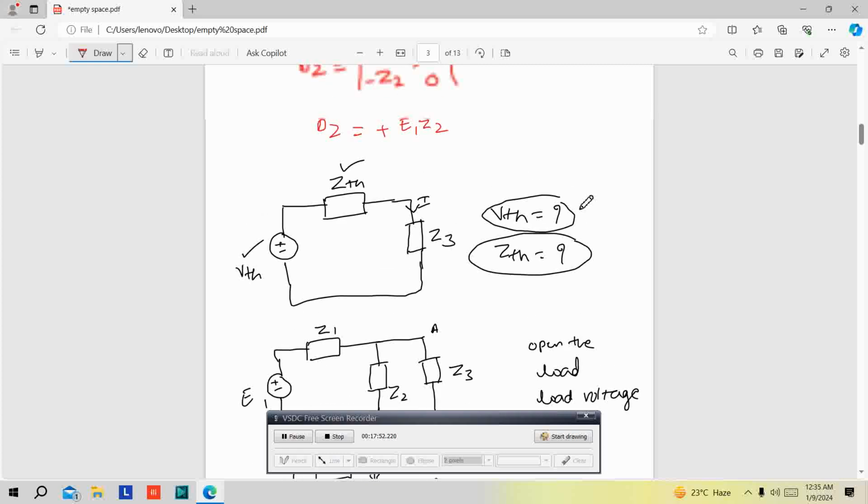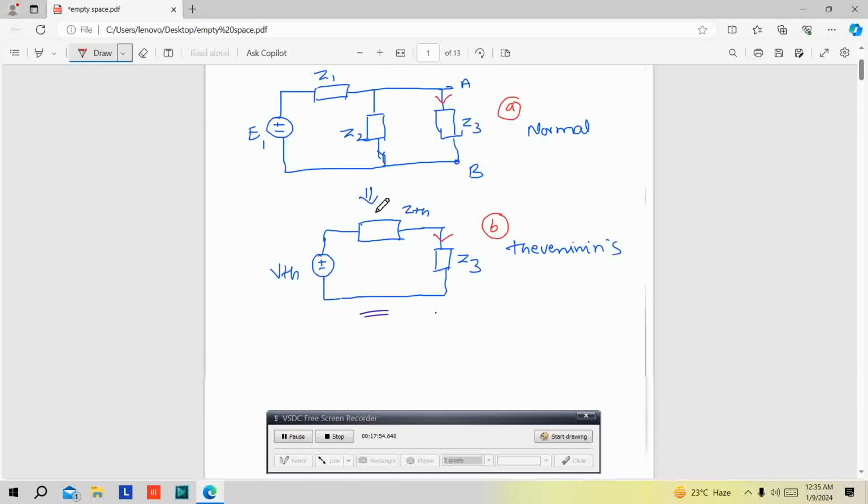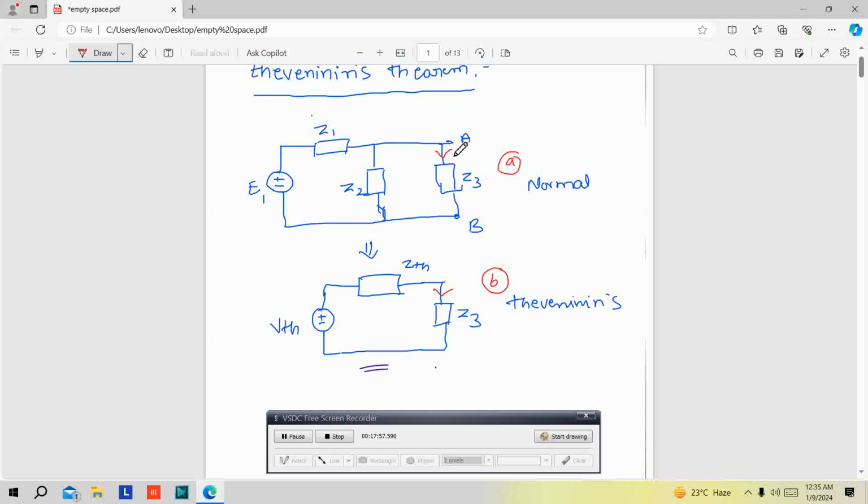So here, first we calculated the current passing through Z3 using the normal method. Then we wrote Thevenin's equivalent VTH and ZTH and connected the load. We calculated the current passing through this and the current passing through this, and both are the same. This is using the normal method and this is using Thevenin's method. So both answers are correct, hence we proved Thevenin's theorem.